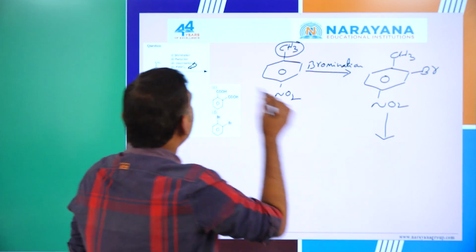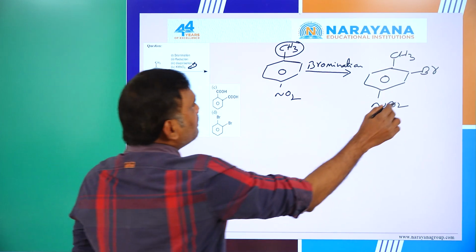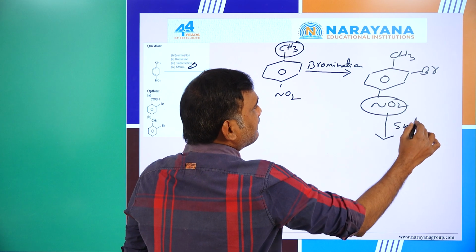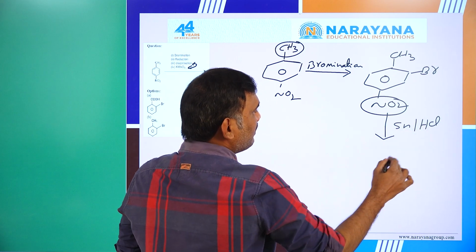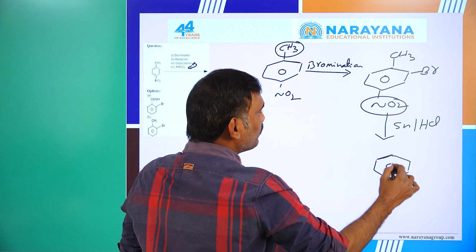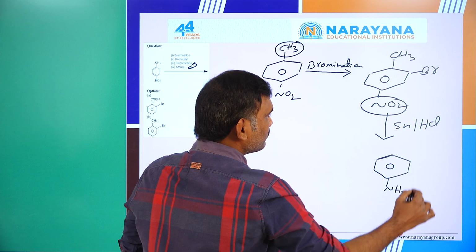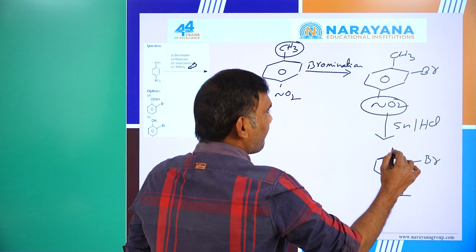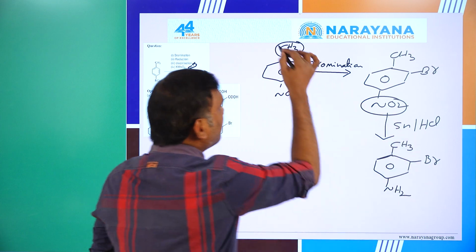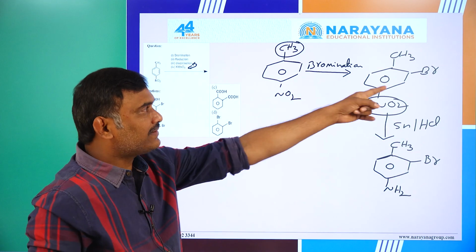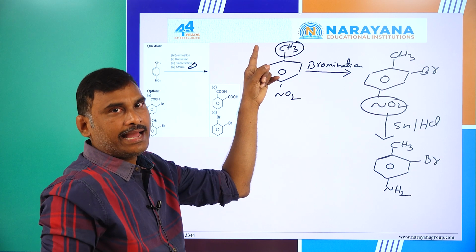Followed by reduction of NO2, like tin HCl or iron HCl, which converts the NO2 group into NH2. With respect to methyl the electrophilic substitution occurred, since it is the more activating group.